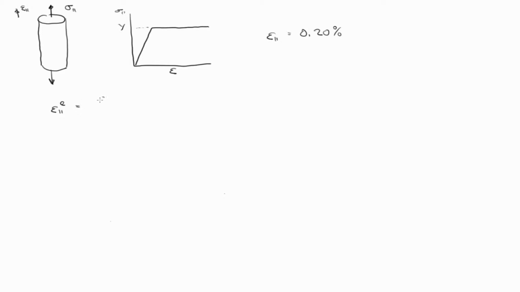Okay. So if we write down what the elastic strains are via Hooke's law, we have this equation, but of course there's only one stress, so these two terms are zero. So we have that sigma 1,1 over E. And right at the point of yielding, then we have Y over E, right?